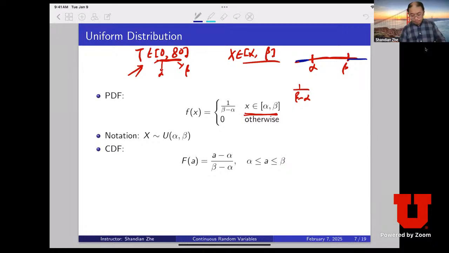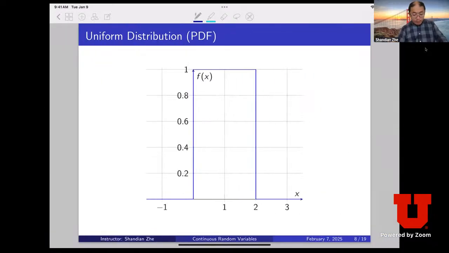So if we look at one example, what does the PDF function look like? Now here alpha is 0 and beta is 2.